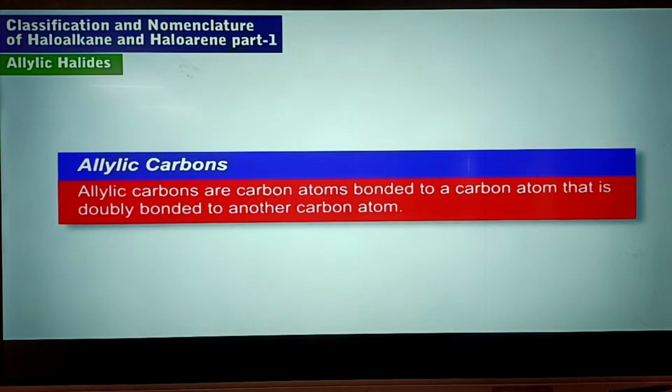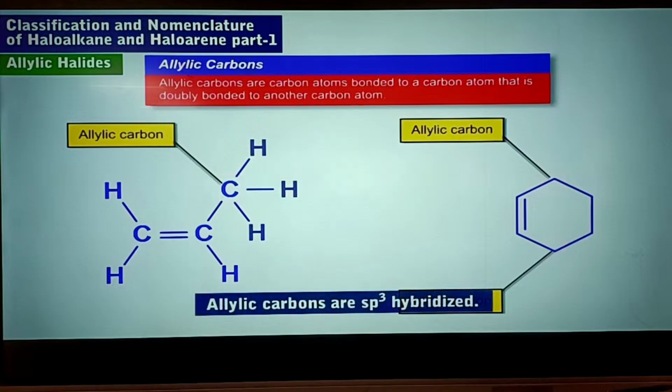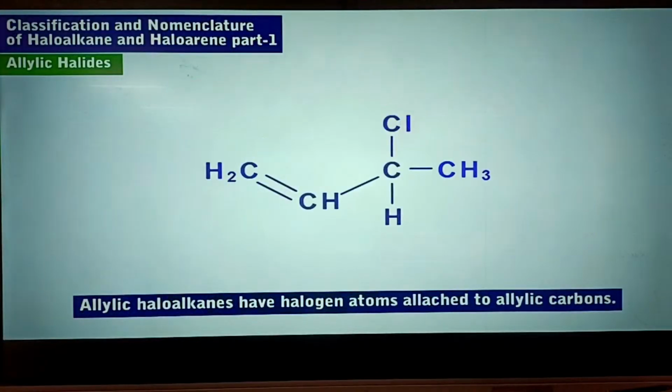Allylic carbons are carbon atoms bonded to a carbon atom that is doubly bonded to another carbon atom. As the illustration here shows, allylic carbons are one position away from a double bond. Allylic carbons are sp3 hybridized. Allylic haloalkanes have halogen atoms attached to allylic carbons.